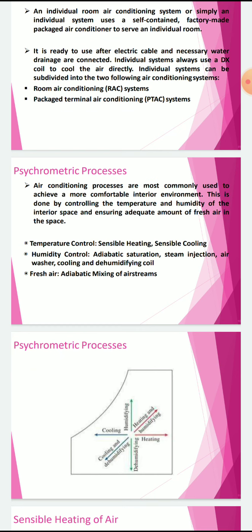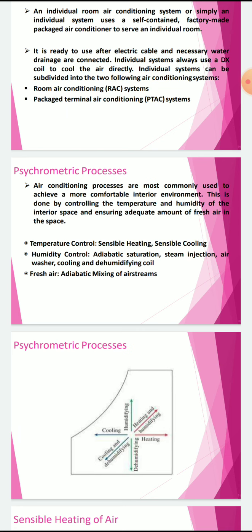Humidity control: adiabatic saturation, steam injection, air washers, cooling and dehumidifying coils. Fresh air: adiabatic mixing of air streams will give fresh air. So there are three important things in air conditioning: temperature control, humidity control, and quality of the air. These three together comprise air conditioning.